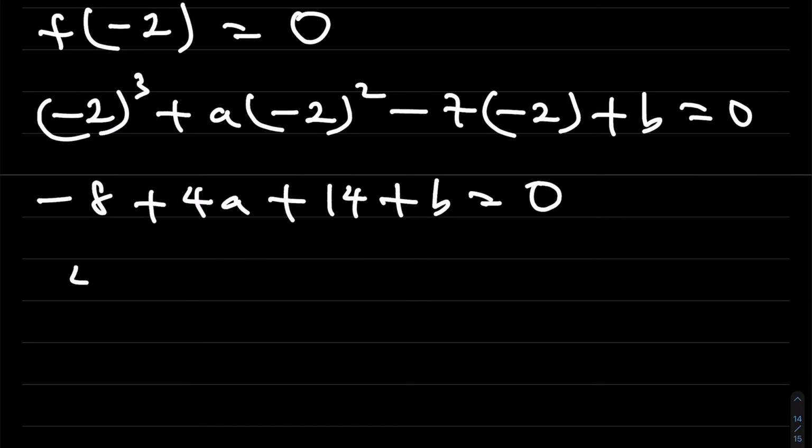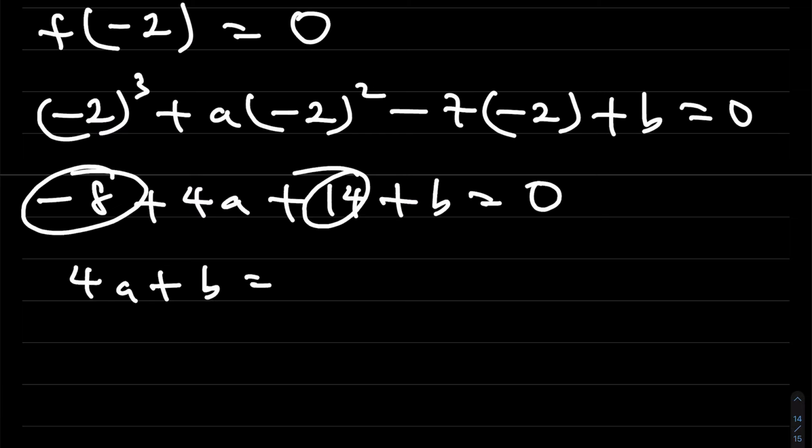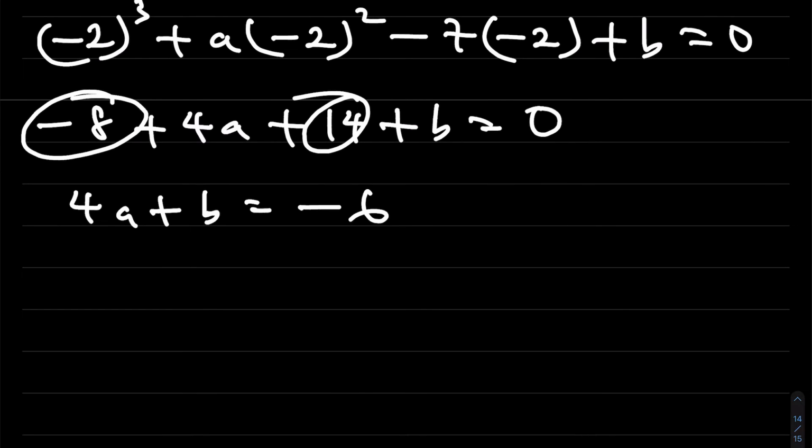And this simply means 4a plus b equals minus 8 plus 14 is 6. When that 6 goes to the right hand side, it becomes minus 6. Can we divide through by 2? No, we can't divide through by 2.